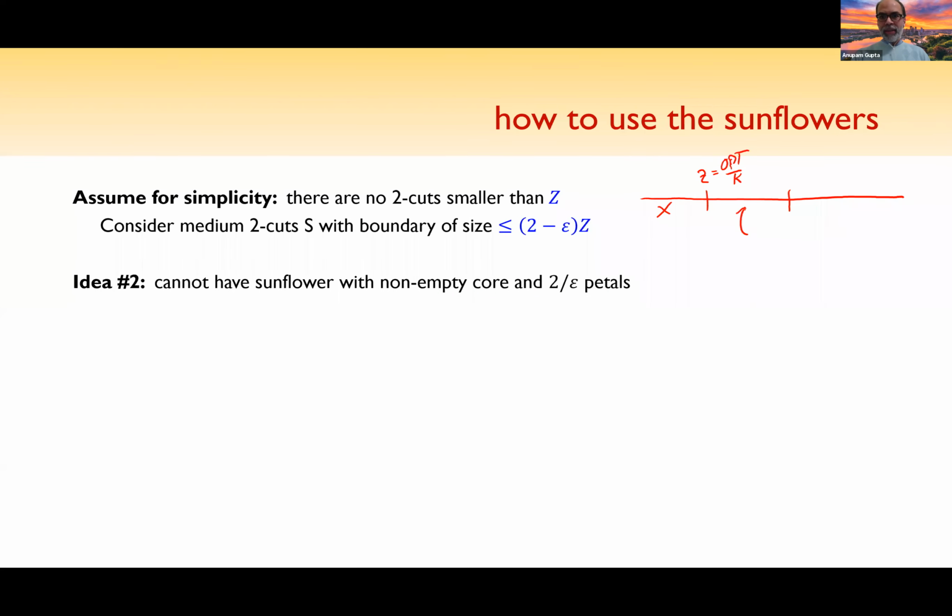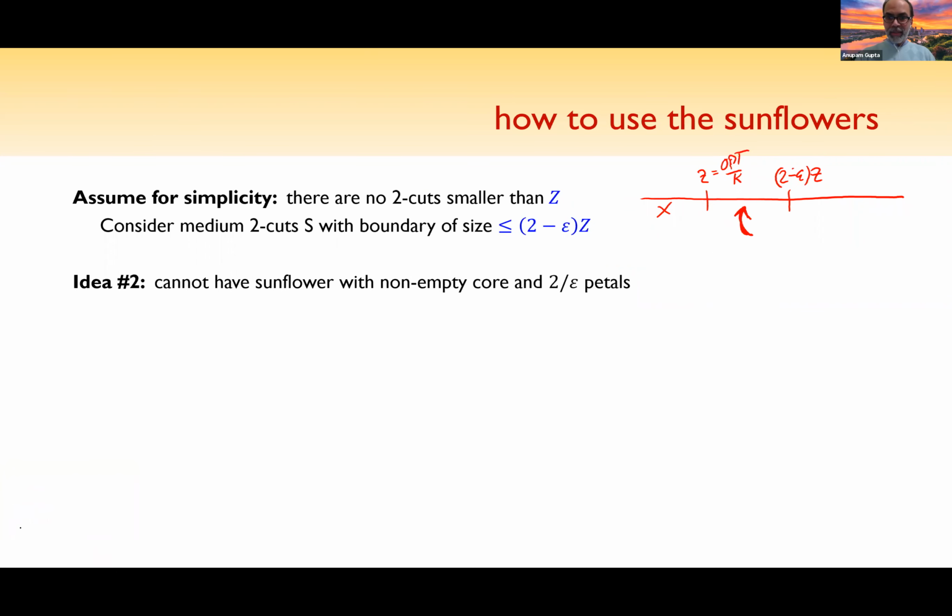I want to say that the collection of two cuts in this region, with size less than 2 minus epsilon z, cannot form a large sunflower. Let me prove this, and that's the last thing I'll prove to you.